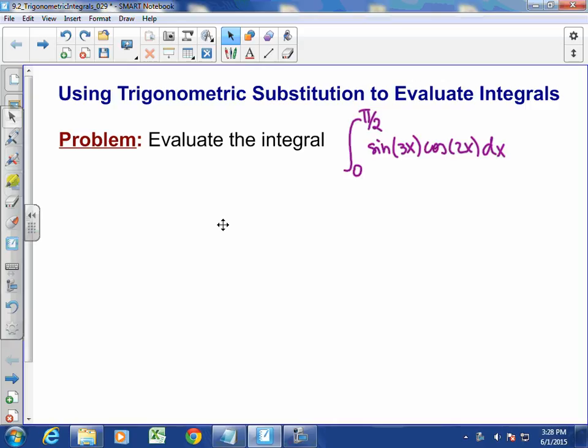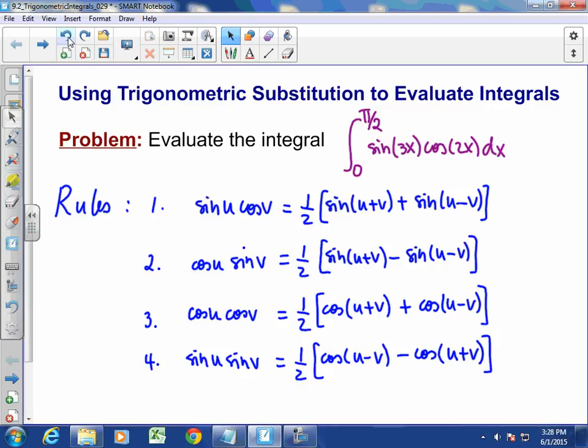Since it's not sine to a power nor cosine to a power other than 1, we have rules for sine u cosine v. And here are the rules: sine u cosine v, cosine u sine v, cosine u cosine v, sine u sine v.